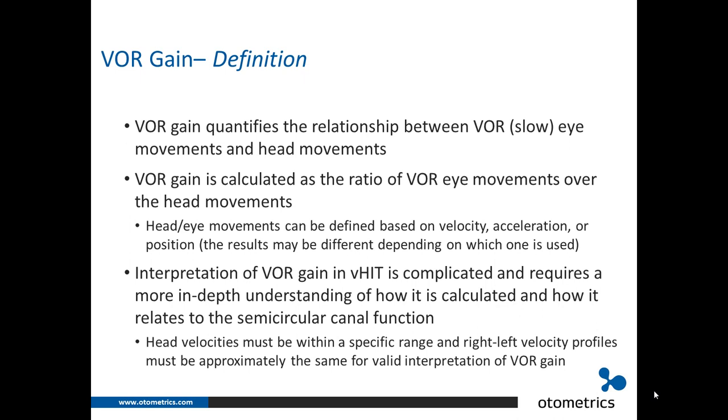When comparing the VOR gains either between different patients, or in the same patient at different times, or in the same patient between rightward and leftward head impulses, the comparison is meaningful only if the peak head velocities are approximately the same and within the optimal head velocity ranges that were described before.